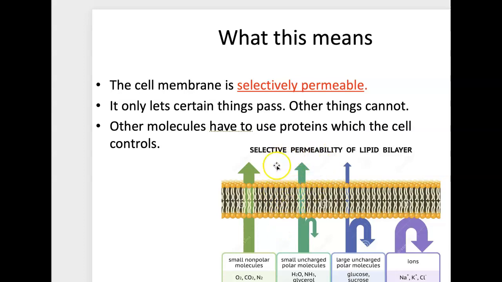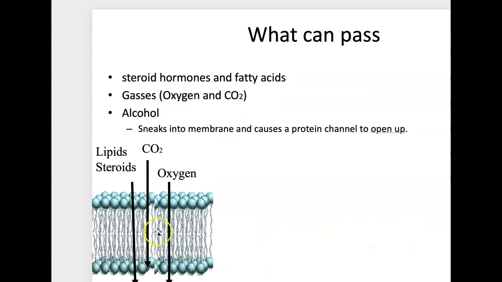You can have alcohol go through the cell membrane. Large charged molecules like sugars and proteins can't go through. Ions are charged, they cannot go through. So it only lets non-charged things through on its own. So, like I said, small lipids, steroid hormones, carbon dioxide, and oxygen. Alcohol is a sneaky one. It can sneak through. It's not supposed to, but it can sneak through because of its structure.